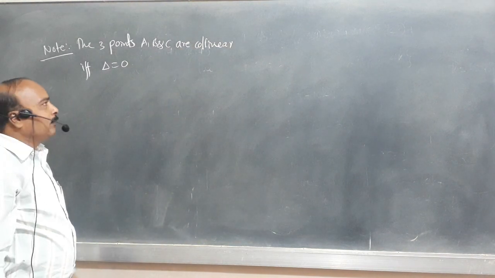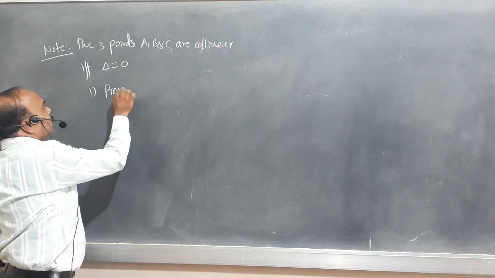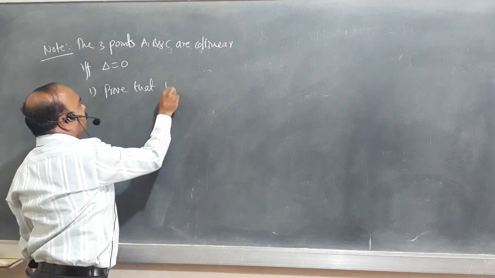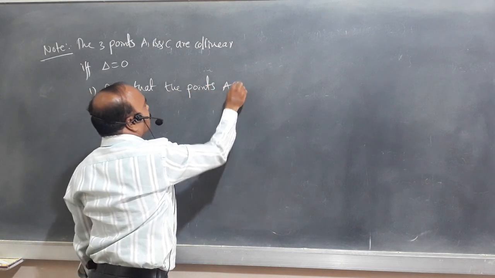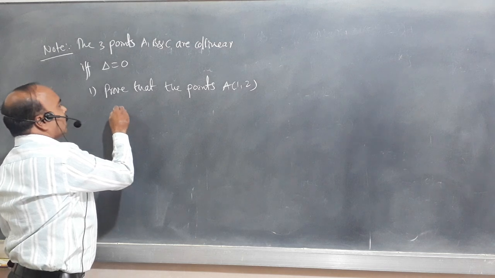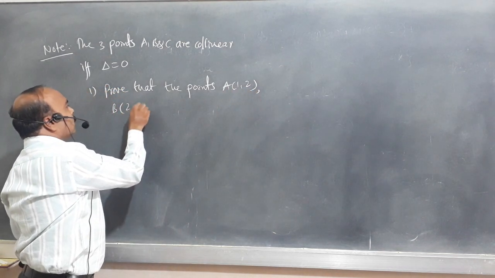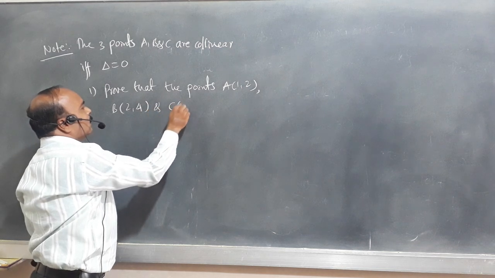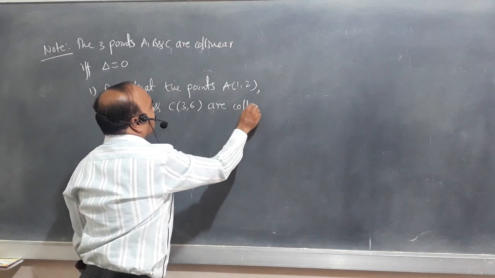Now we discuss some examples on this. First one, prove that the points A(1, 2), B(2, 4) and C(3, 6) are collinear.